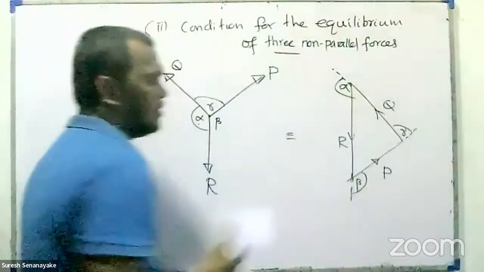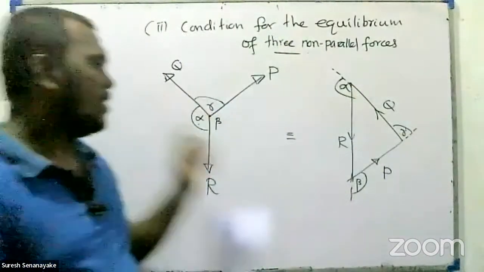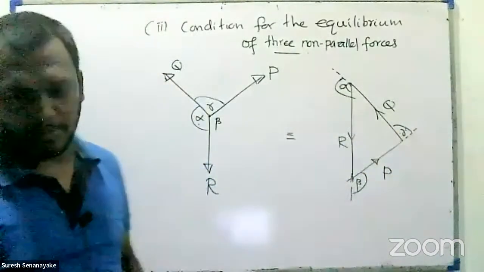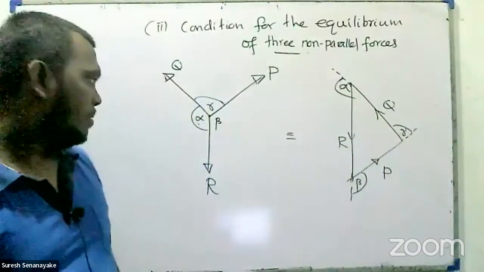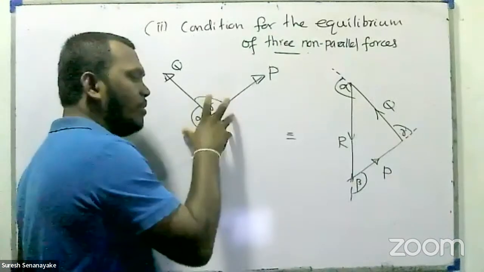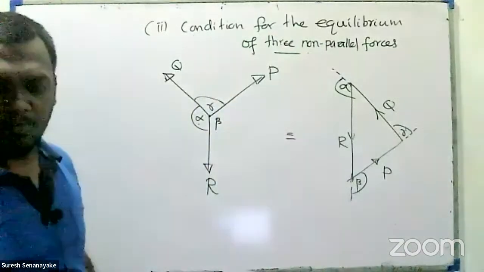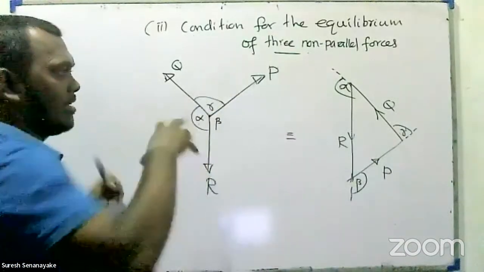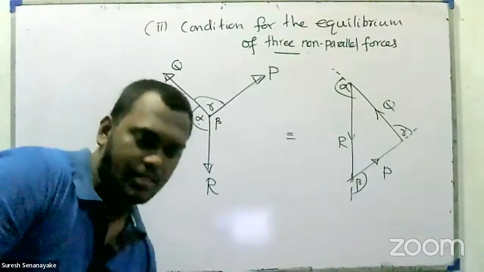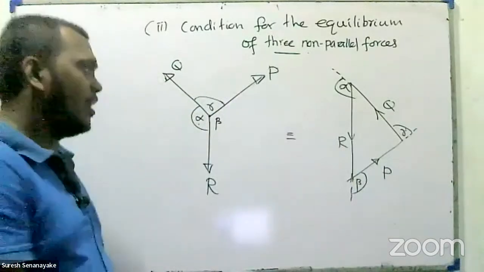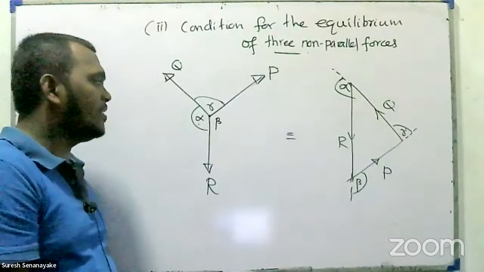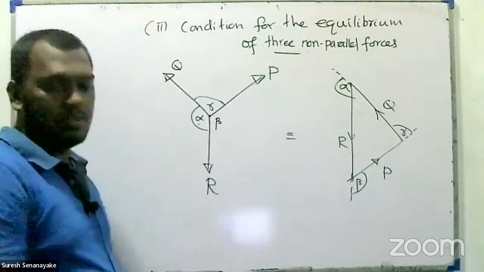If you can represent these three forces with a closed triangle, that means the object on which the forces act is in equilibrium. When the forces act on a body, they can act anywhere on the body, but if you extend the lines of action of these forces, they should meet at a single point.